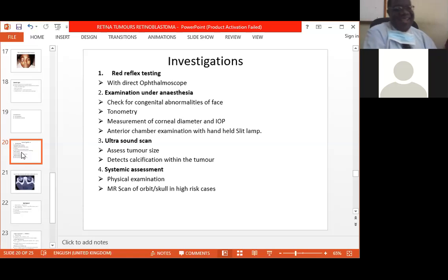Tonometry is an investigation you do to check the pressure. That's the first thing. When it's high, that's when you label it as glaucoma. You understand? Do measurements of the corneal diameter and intraocular pressure. Anterior chamber examination with a handheld slit lamp.